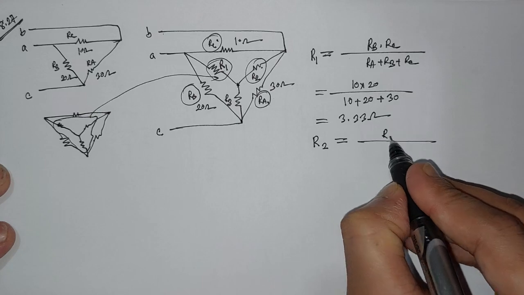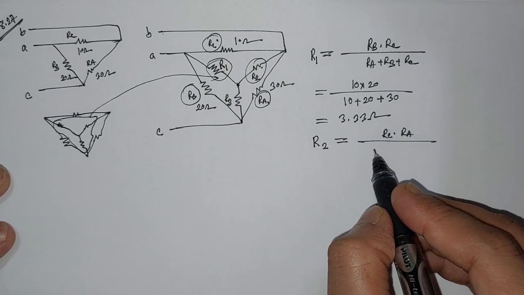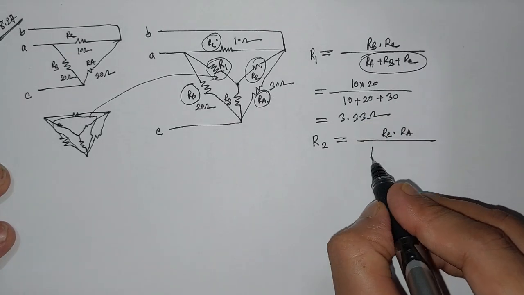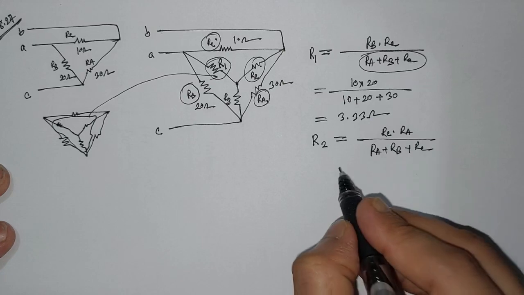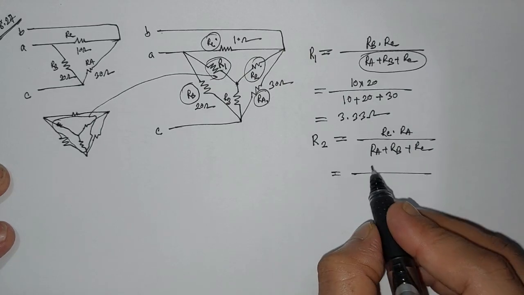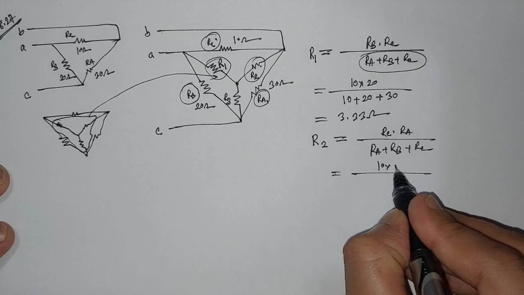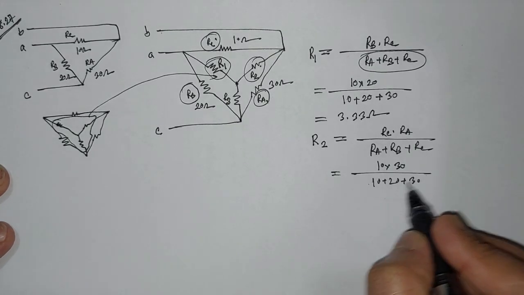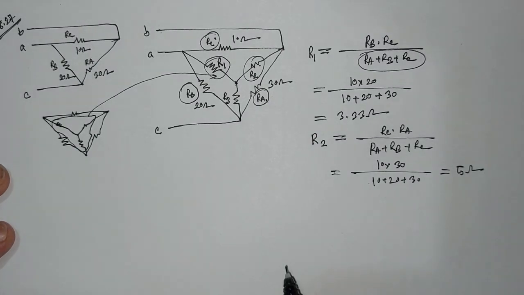So this is RC multiplied by RA, divided by the denominator which remains the same, the summation of all three resistances, RA plus RB plus RC. If we put the values, it will be 10 ohm multiplied by 30 divided by 10 plus 20 plus 30. So we find this is 5 ohm.